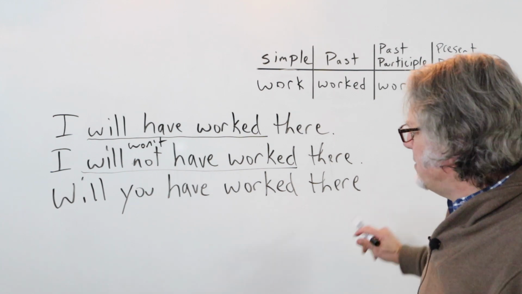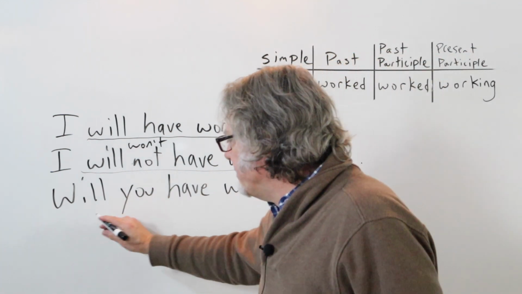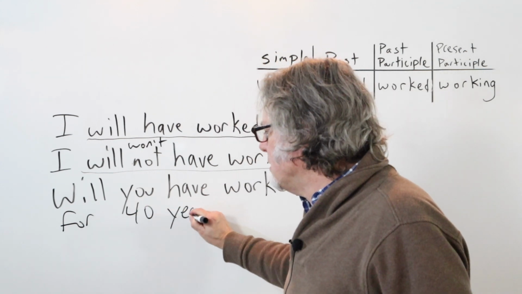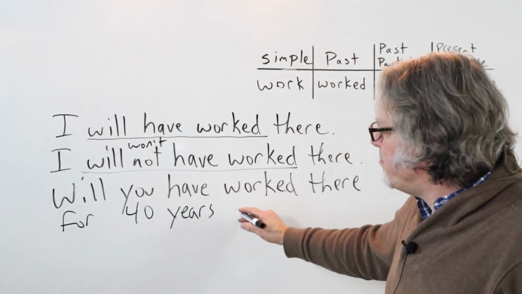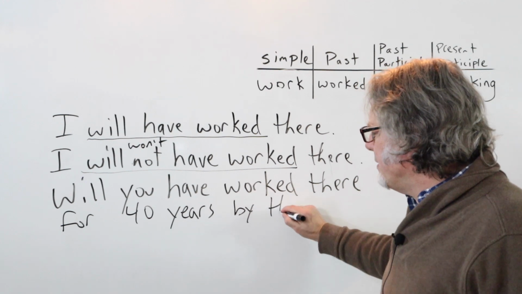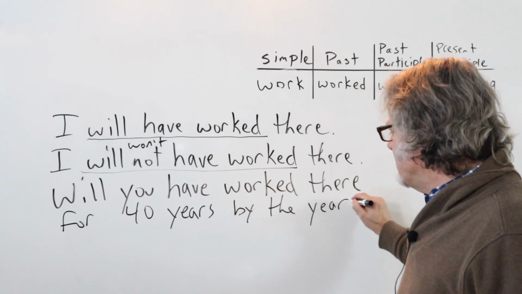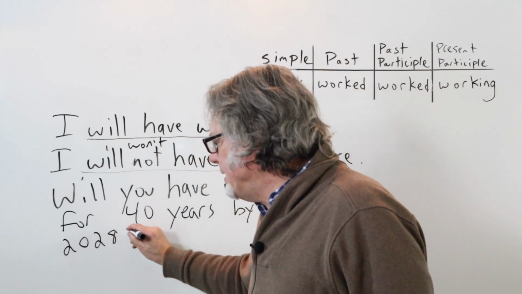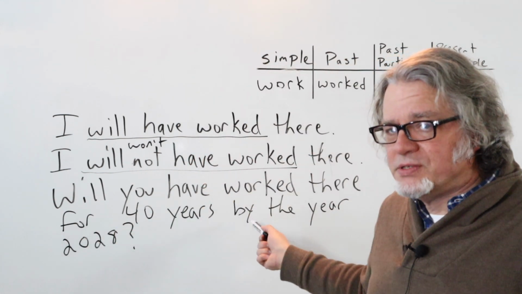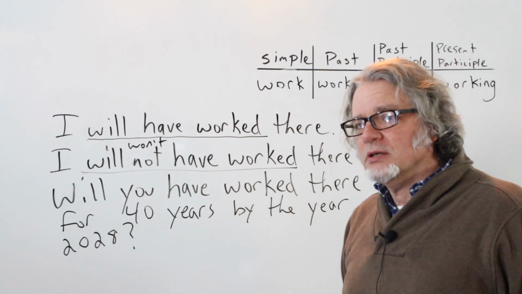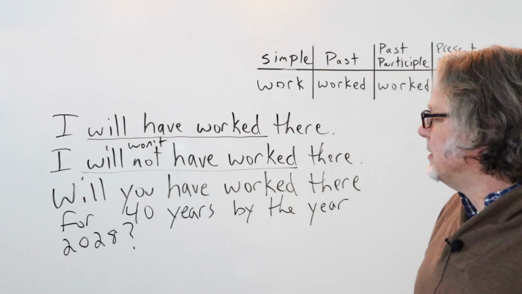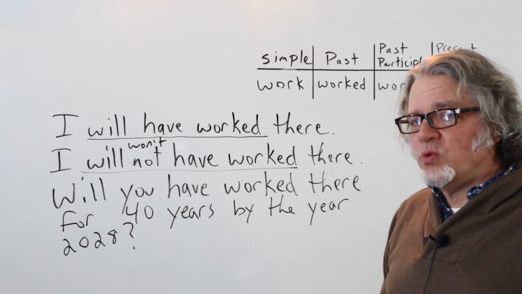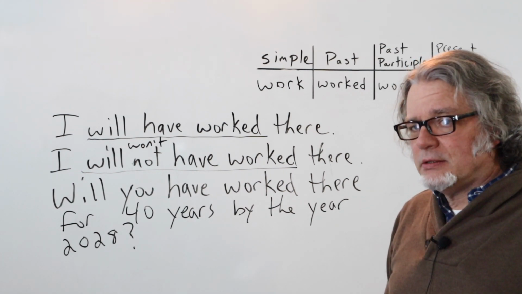Will you have worked there for 40 years by the year 2028? If someone is asking me a question, will you have worked there for 40 years by the year 2028?